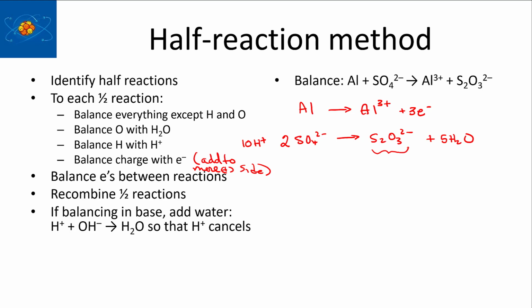I have a -2 here, and I have a 0 here. So overall, this is 2 minus. On the right, I'm going to add electrons to get that to balance. And it turns out that I'll need to have 10 electrons like this. And that will balance that half reaction.